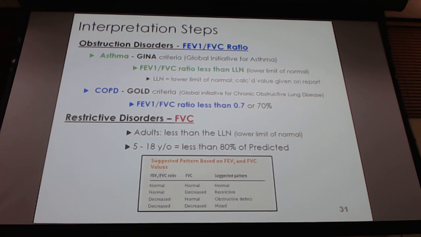When you get into COPD, it's usually a very homogeneous group of people, so their normal ranges are about the same. Traditionally, COPD has a cutoff at 70%. If it's less than 70% of the predicted FEV1/FVC ratio for that patient, it is considered too low. With asthma, they use the lower limit of normal because of the diversity of the population.